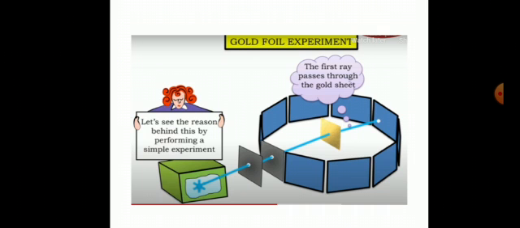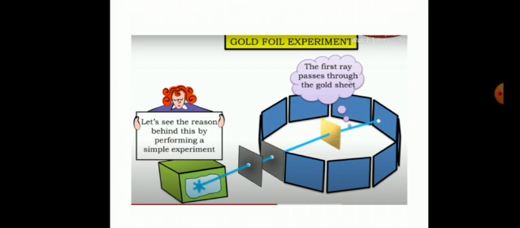He took a source of alpha rays. Alpha rays are a beam of positively charged particles. In front of this source, a thin gold foil is kept. What is gold foil? Gold foil is nothing but a thin sheet made of gold. Then the gold foil is surrounded with a screen to detect the alpha rays.